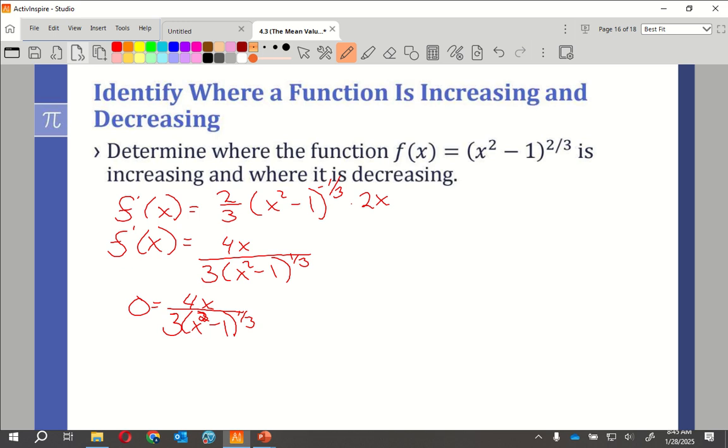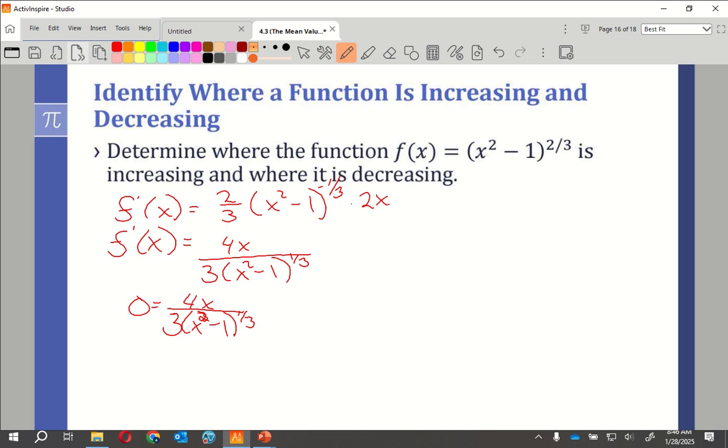At 1, it's going to be undefined. Any other place? 0. It's cube root. 0 is okay. There's one more place. What happens when you square a negative? Square a negative becomes positive, isn't it?